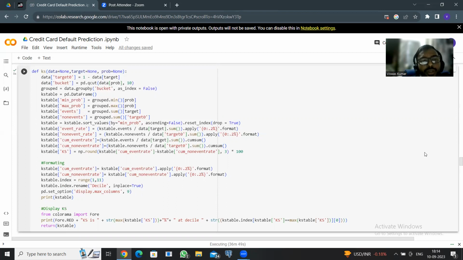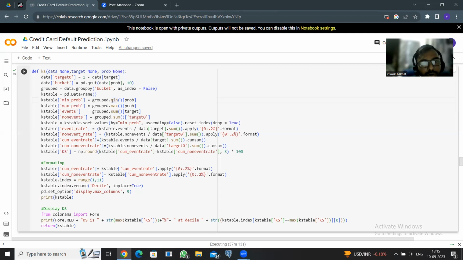In this KS table, the data frame is equally divided into 10 bins, or 10 buckets, and each bucket consists of 100 data points. We will be testing with the minimum probability and maximum probability.